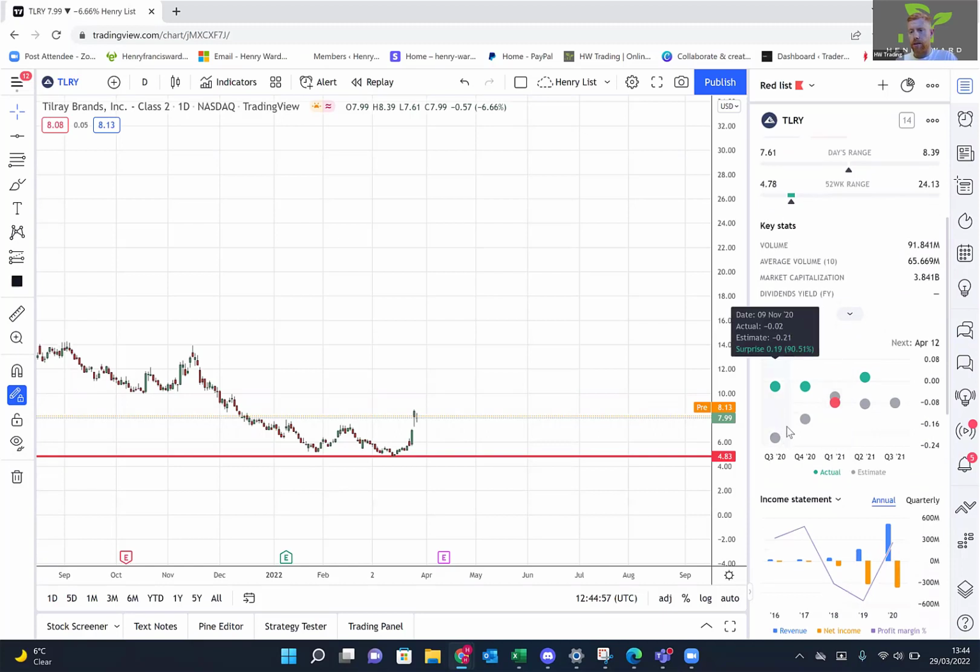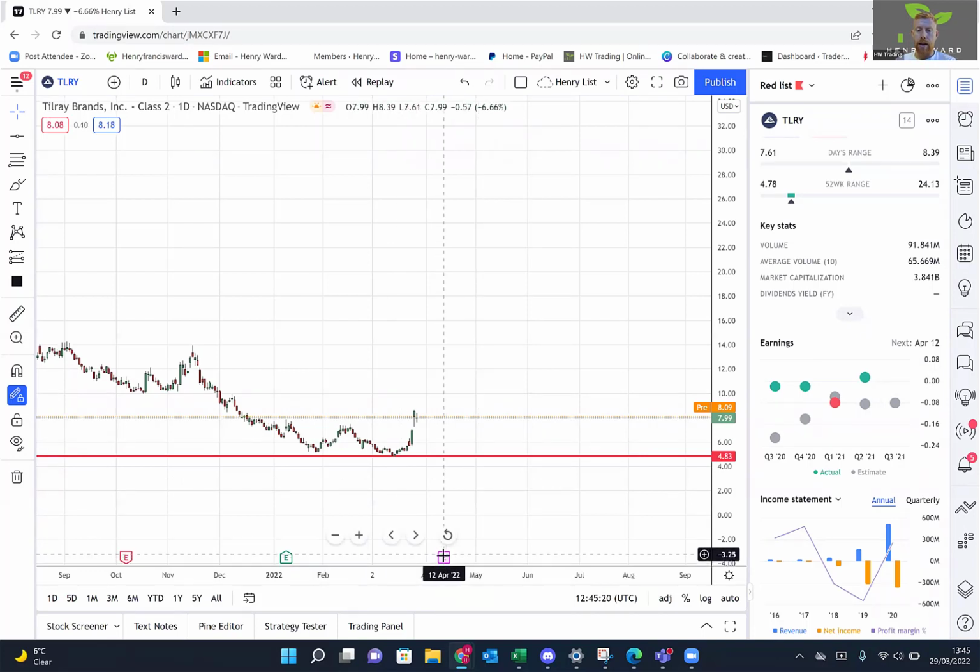We look at earnings. You can look at how earnings have gone over the last 1, 2, 3, 4 earnings. 3 out of 4 earnings were profitable. We're expecting this one to have the same sort of earnings, but will it be higher or lower than last quarter?